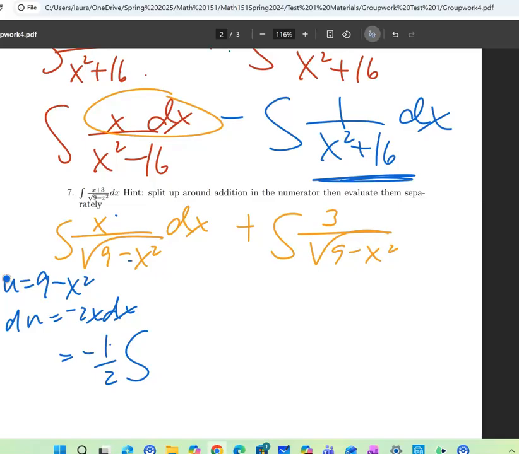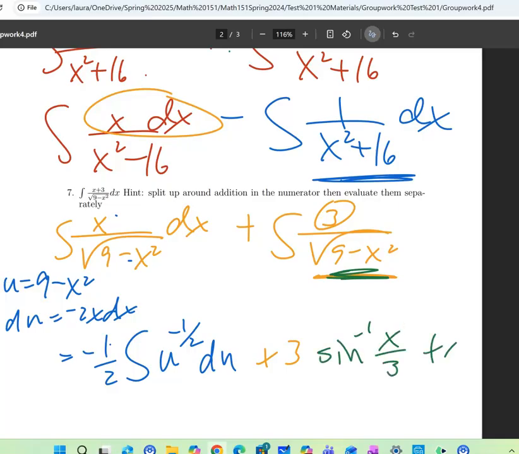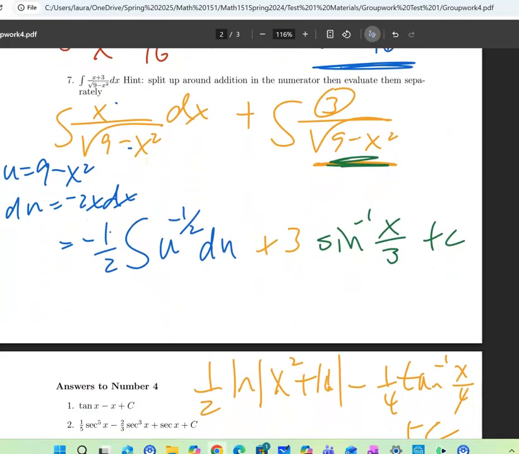And then if I rewrite this as u to the negative 1/2, right? This is exactly arcsine. So I carry the 3 along, right? That 3 carries along. And then the antiderivative of this would just be arcsine of x over 3. So then taking the antiderivative here, I get a negative 1/2. And add 1 to the exponent, you get a positive 2, u to the positive 1/2.